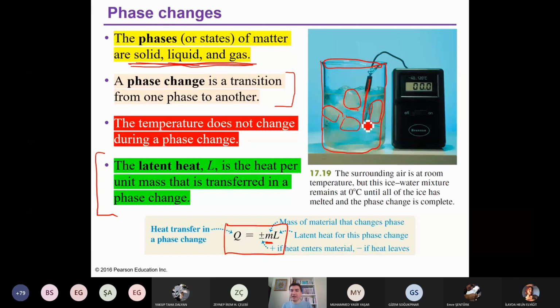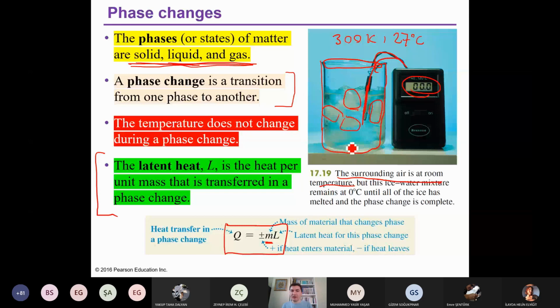The surrounding air is at room temperature. So here we have a temperature around 300 Kelvin or 27 degrees Celsius, okay? But the temperature within this glass is 0 degrees Celsius, okay?